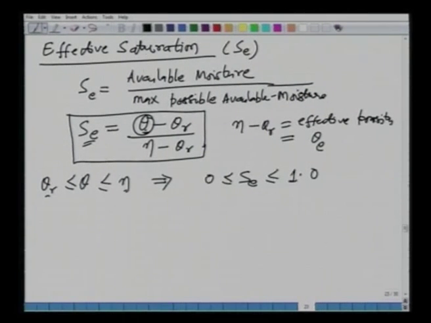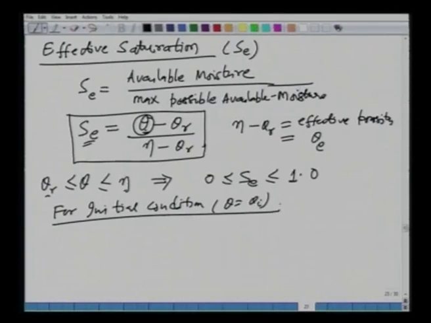Now, what we do is, we will write this effective saturation for initial condition, that is when theta is equal to theta I. So, initially theta I minus theta r will then be equal to SE times theta E. Do you see how this equation is coming?